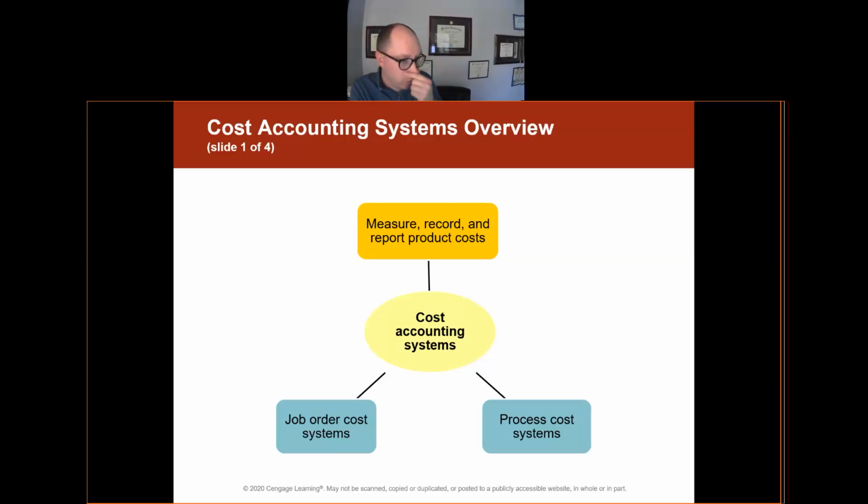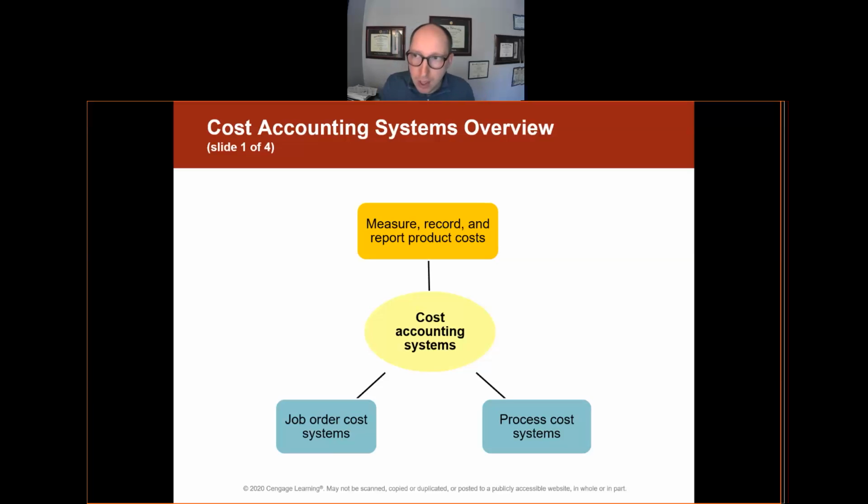For example, a customer comes in and places an order with our guitar manufacturing company. That customer order is one job. Think of a job as a customer order. A guitar manufacturer is a specialized type of business. We manufacture based on the customer job. That's a job order system. We manufacture by the individual customer order.